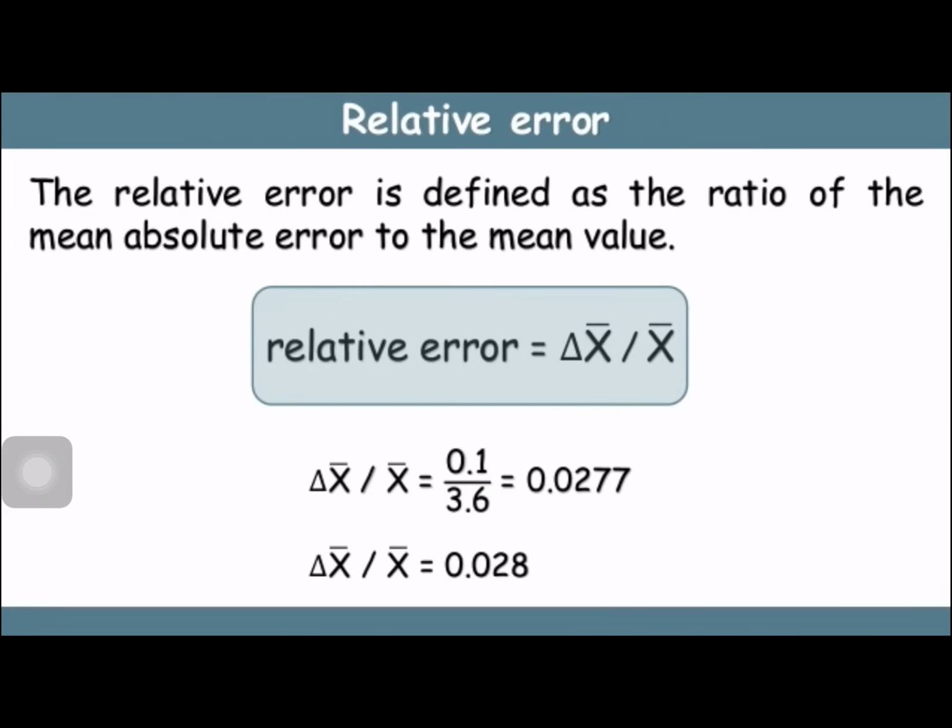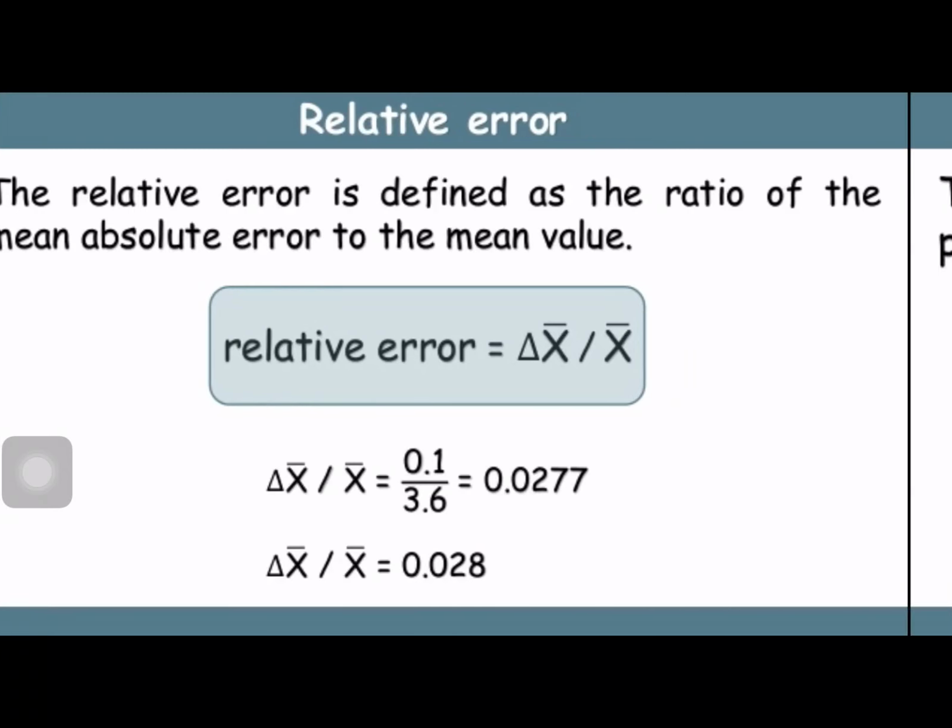Relative error is very simple. Relative error is defined as the ratio of the mean absolute error to the mean value. You know the mean value is 3.6, and the absolute error already calculated is 0.1. So 0.1 by 3.6 is 0.0277, that means 0.028. This is the relative error.